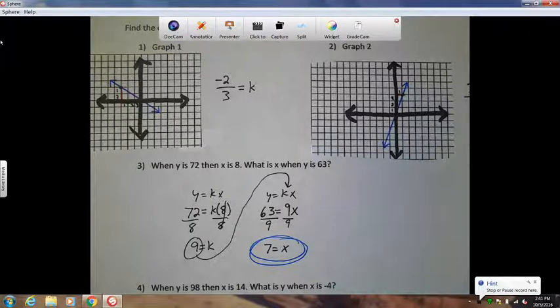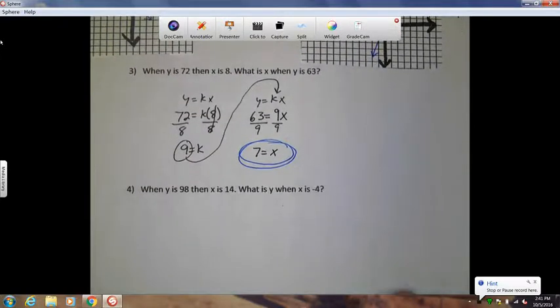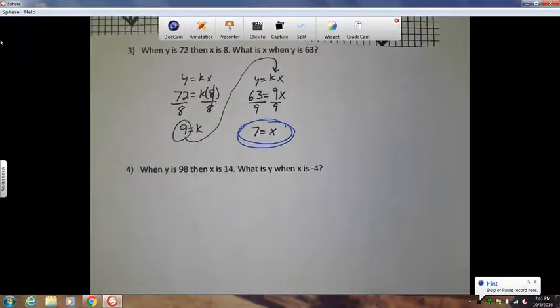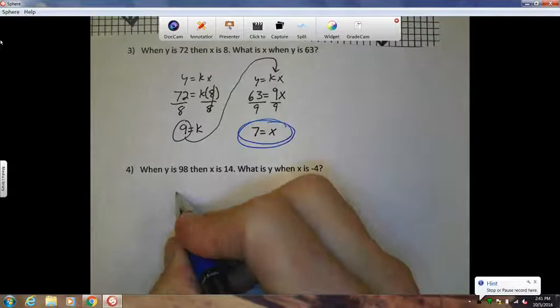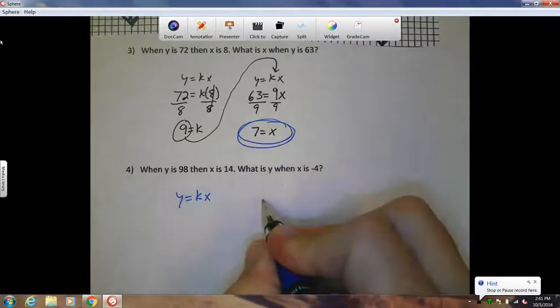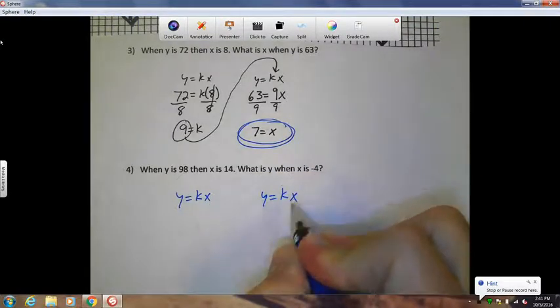Next one. When y is 98, x is 14. What is y when x is negative 4? So start off just like I showed you before, with your formula, y equals kx. I'm writing this twice.